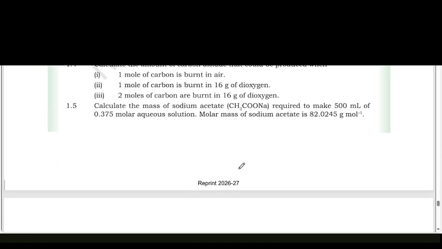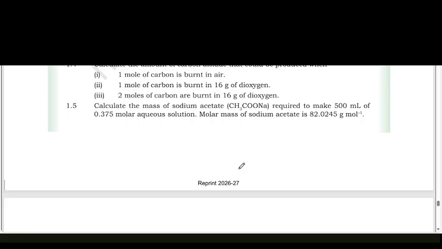Okay. Calculate the mass of sodium acetate required to make 500 ml of 0.375 molar aqueous solution. Molar mass of sodium acetate equals 82.0245.